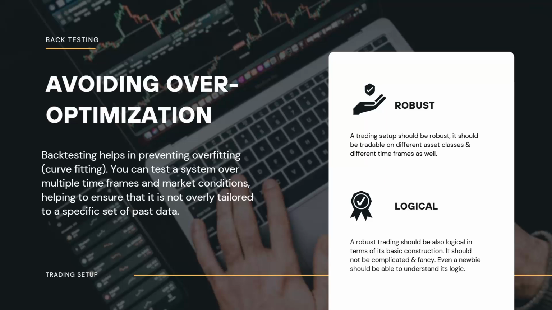Now there could be a particular parameter on a particular tool or an indicator, say a moving average, say an RSI, and that particular parameter is working perfectly in 2023 and 24. But as soon as you go to 2022 or 2025, those parameters are not giving you profitability. This means that that particular trading setup is curve fitted on a sample data of the last 2 years.